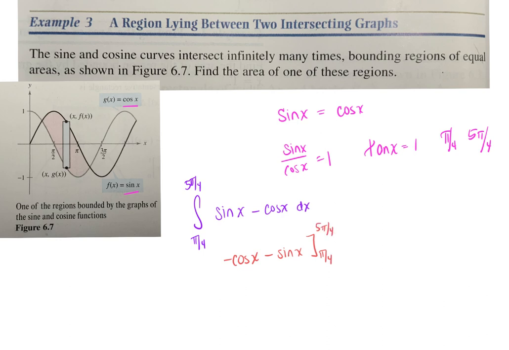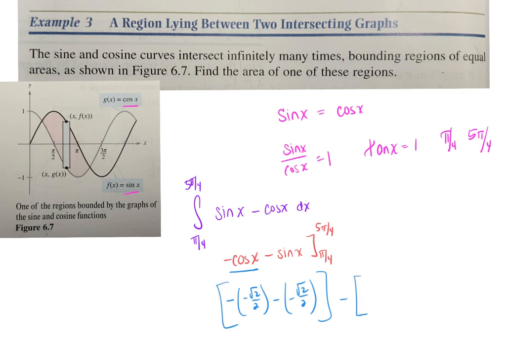This is going to be some square root of 2 over 2's, right? That's nice about this one. So 5 pi over 4, that's in my third quadrant. They're both negative. So negative square root of 2 over 2 minus negative square root of 2 over 2 is what happens when I plug in 5 pi over 4.